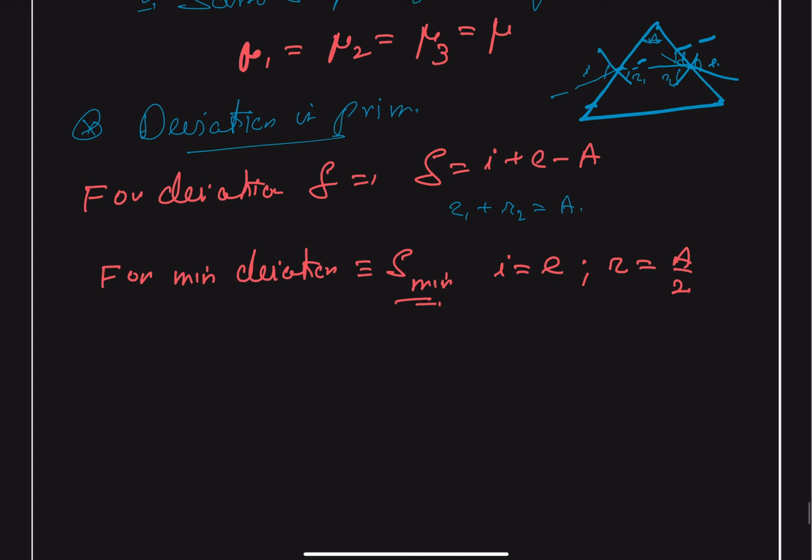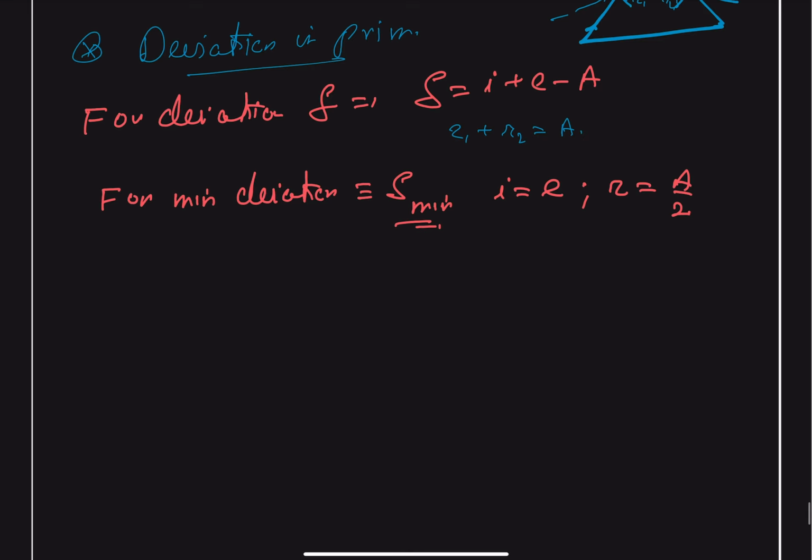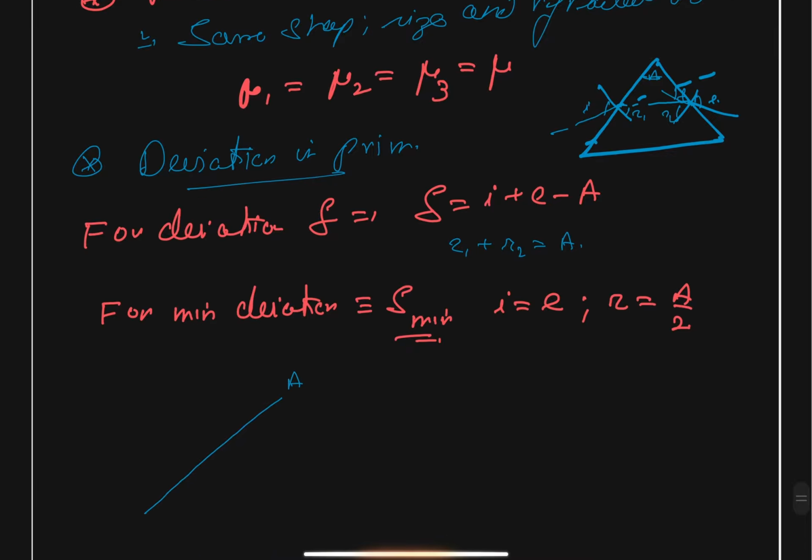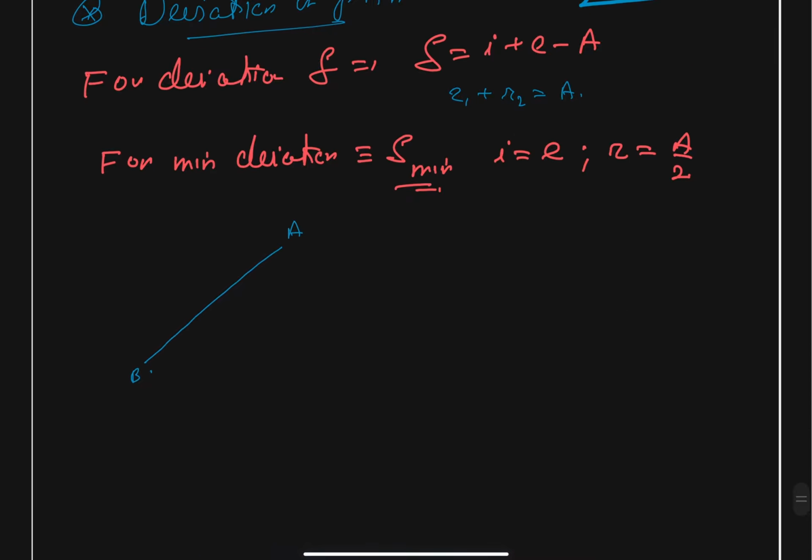Now we can draw for the respective faces. The first face is our AB. We have a ray of light incident on face AB, and we draw the normal, and this will be our angle of incidence.